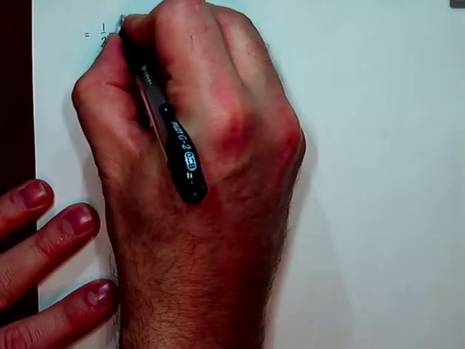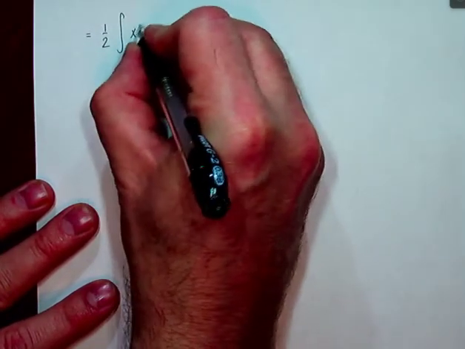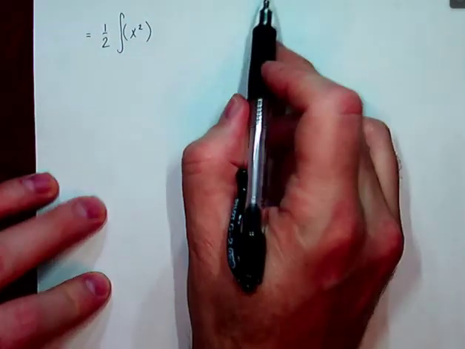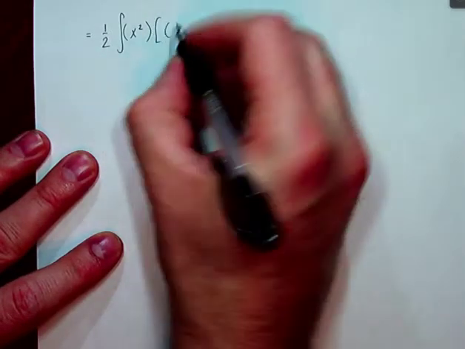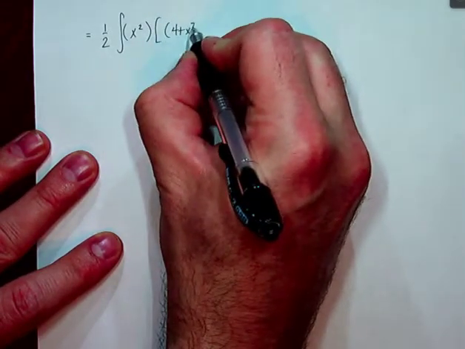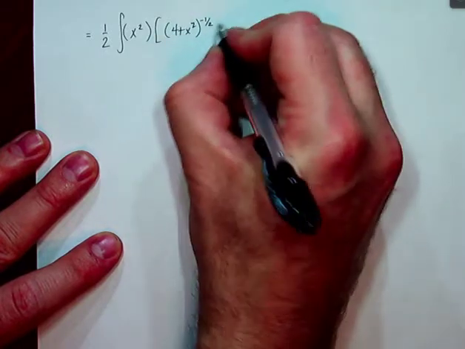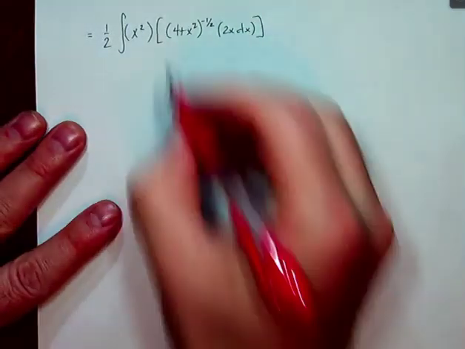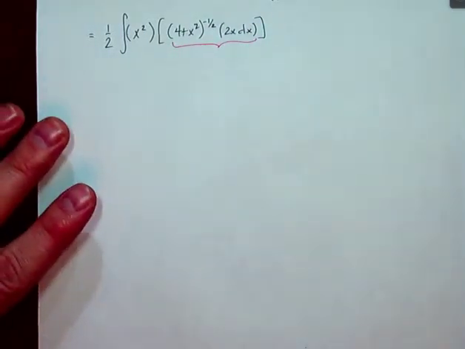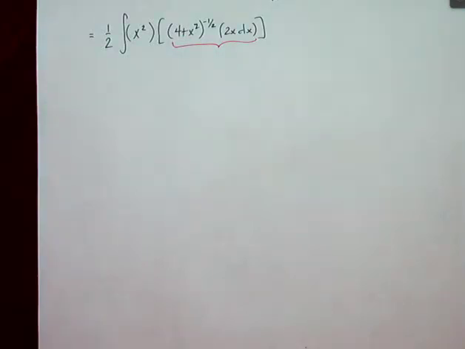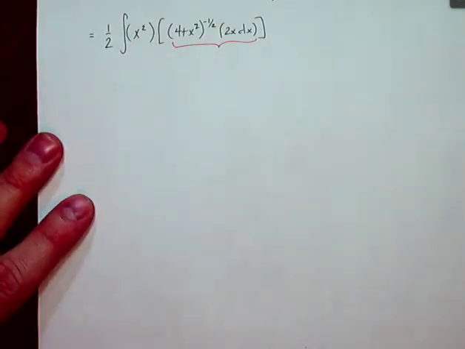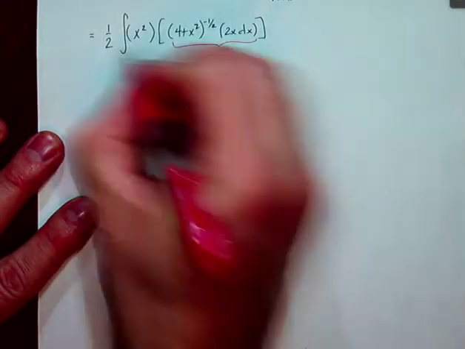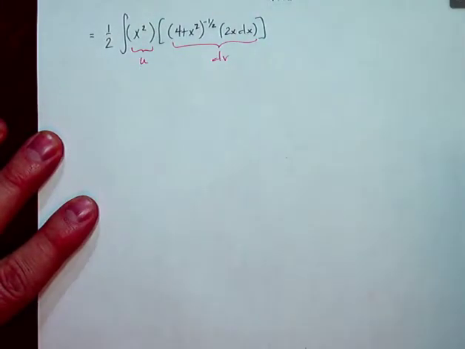And so basically what happens is I need to pull the x cubed apart again, okay? But what I'm going to do is I'm going to say, well, that's x squared, and then this right here I'm going to call 4 plus x squared to the negative 1/2 and 2x dx. So basically this right here is fully integrable already. It's u to the negative 1/2 du. So when I designate that as my dv, it's already basically set up and ready to go.